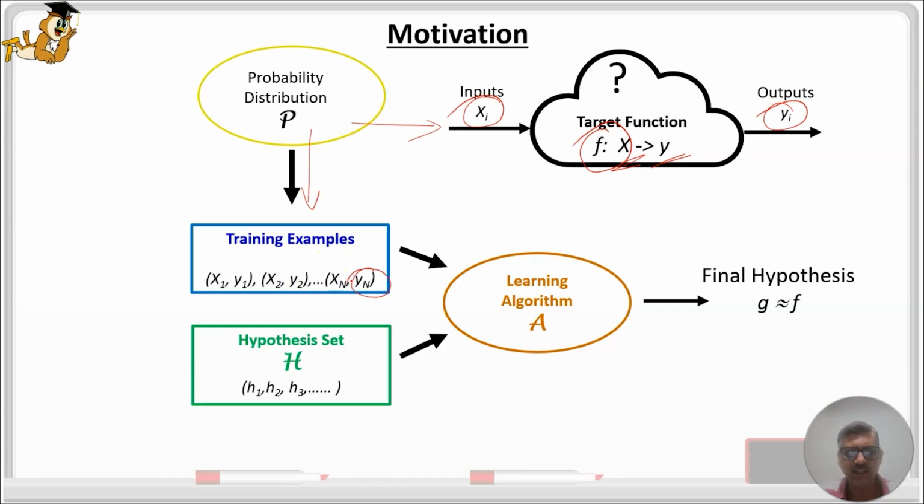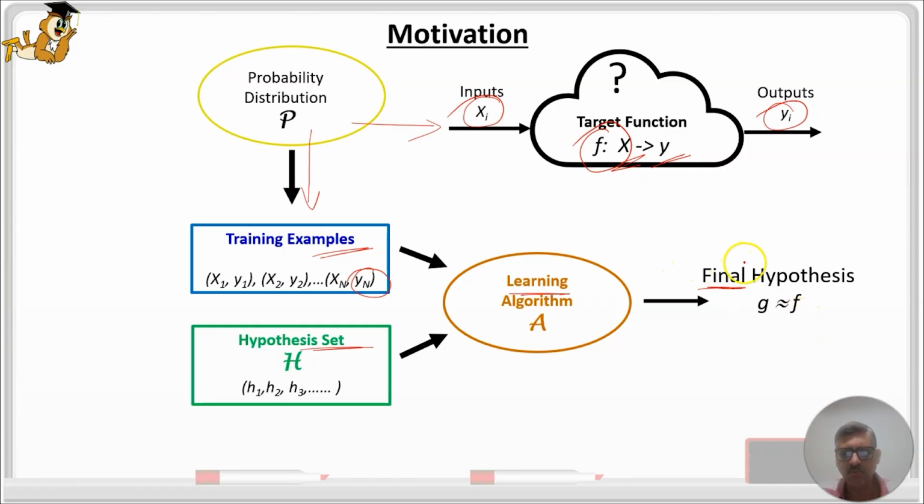You have a hypothesis set that contains the different hypotheses that are available to you, and the job of the learning algorithm is to select a final hypothesis, based on the training examples, that is as close to the target function as possible.